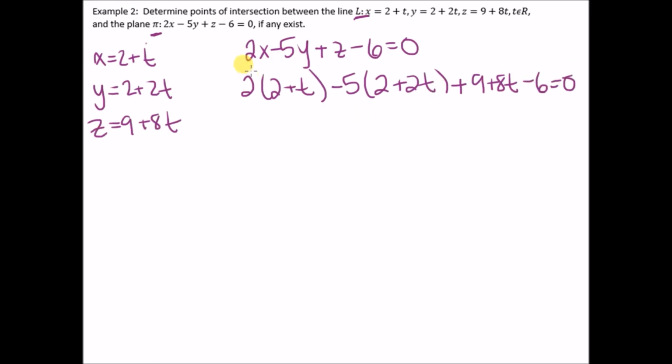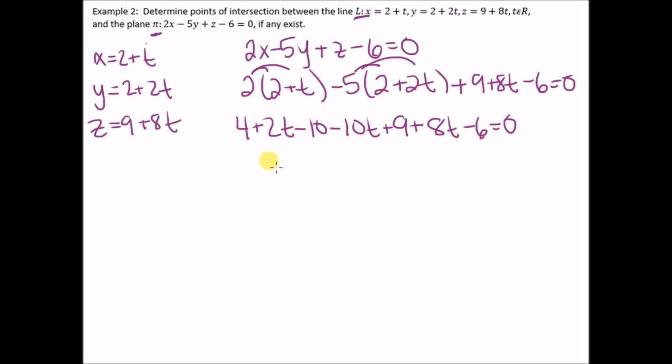Let's expand and simplify. We have 4 plus 2t minus 10 minus 10t plus 9 plus 8t minus 6 equals 0.